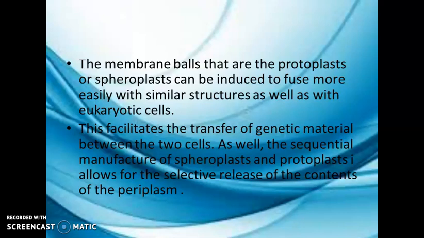They are capable of fusing more easily with similar structures, as well as with other types of structures such as eukaryotic cells. And this facilitates what? The transfer of genetic material between these two cells.